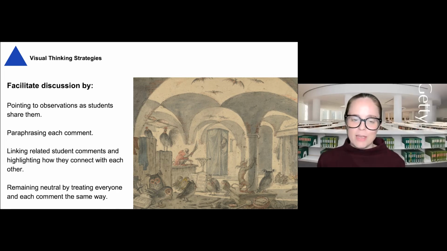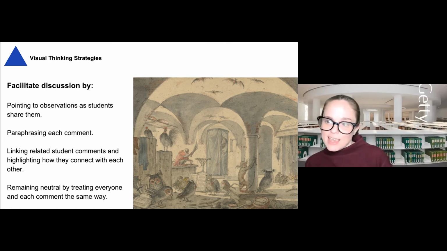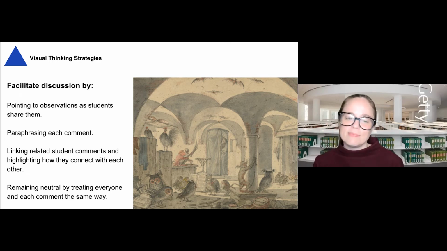For example, maybe after this discussion about the monkey chained up, another student points out the owl facing the monkey in front and how it looks like the owl is talking to the monkey. And then when you ask another question, you would learn that maybe the student thinks the owl might be getting the monkey to escape and helping the monkey.